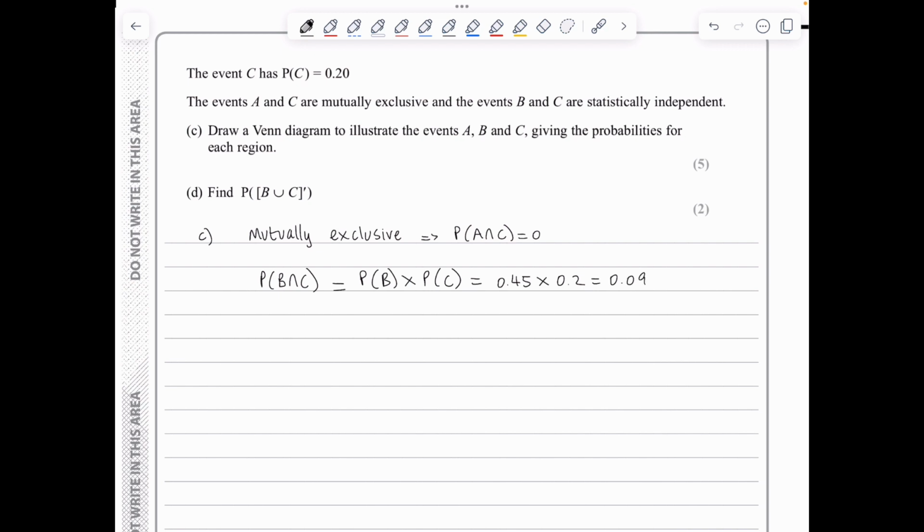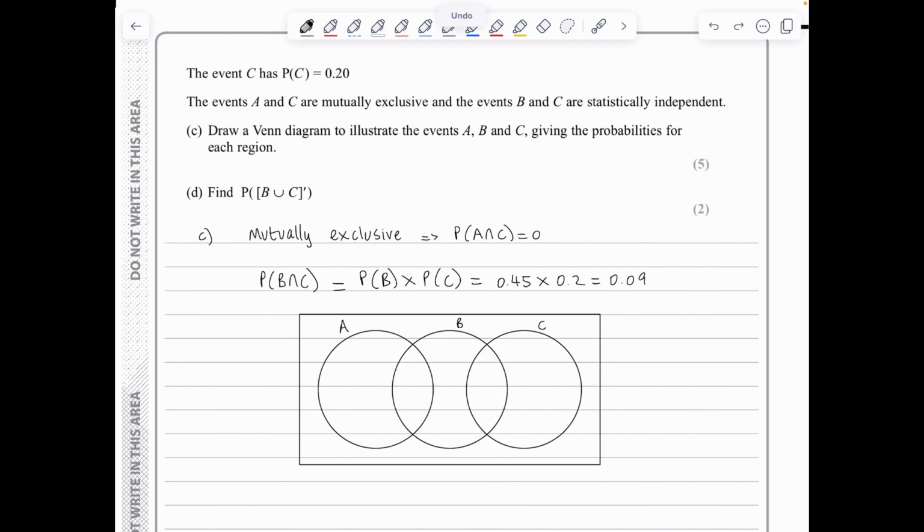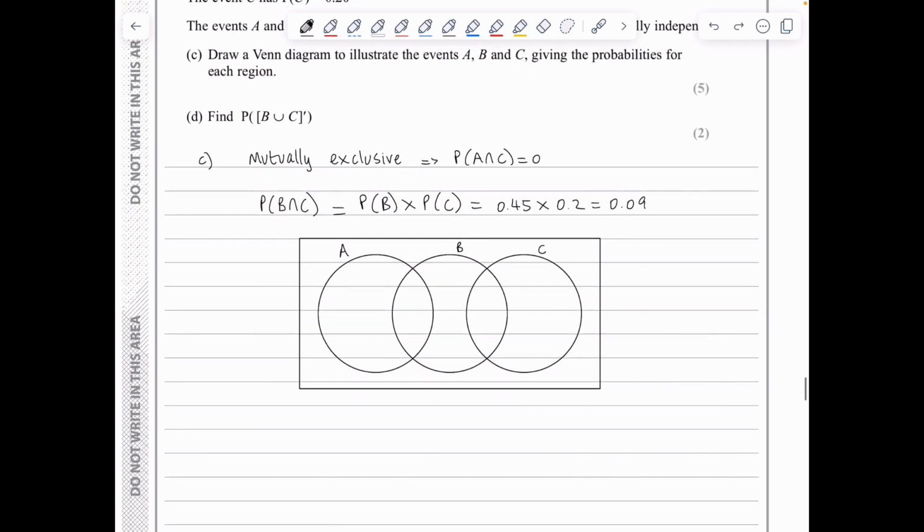I can then proceed into drawing my Venn diagram. We know that the A intersection B part is 0.13, the only A part is 0.22, the probability of B intersection C is 0.09.